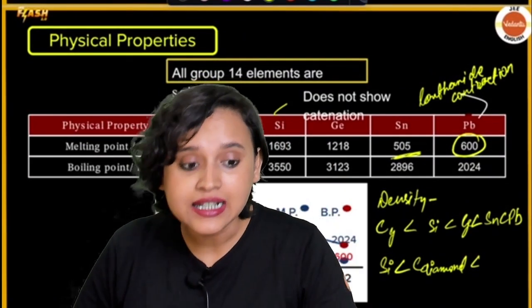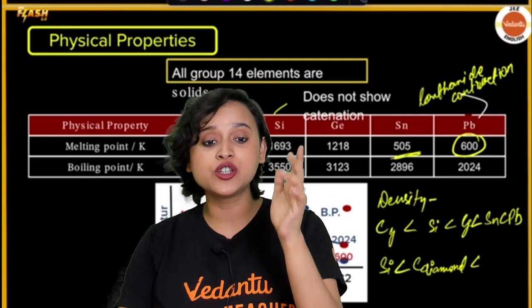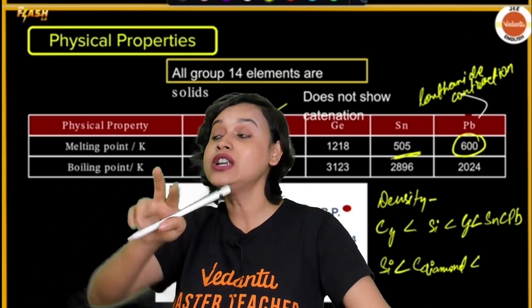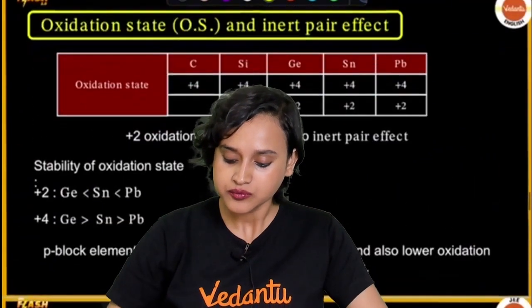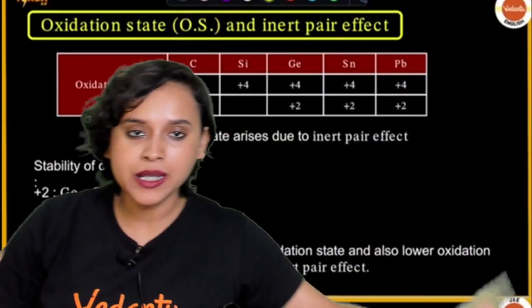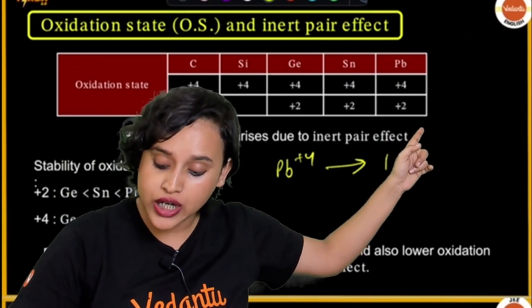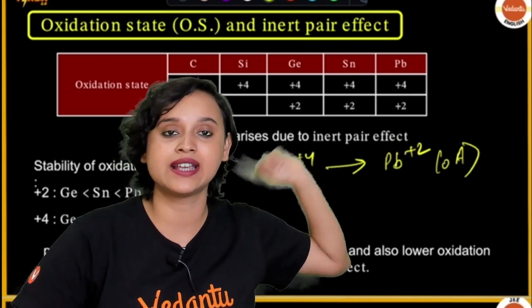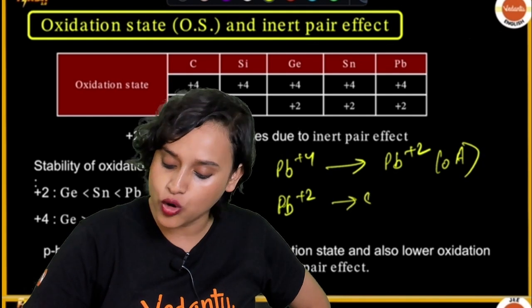Pb +4 is going to be a very good oxidizing agent because it will try to reduce to Pb +2. What did I say, everyone? I said that Pb +4 would want to reduce to Pb +2. Hence, it is going to be a good oxidizing agent, because we know that Pb +2 is more stable than Pb +4.